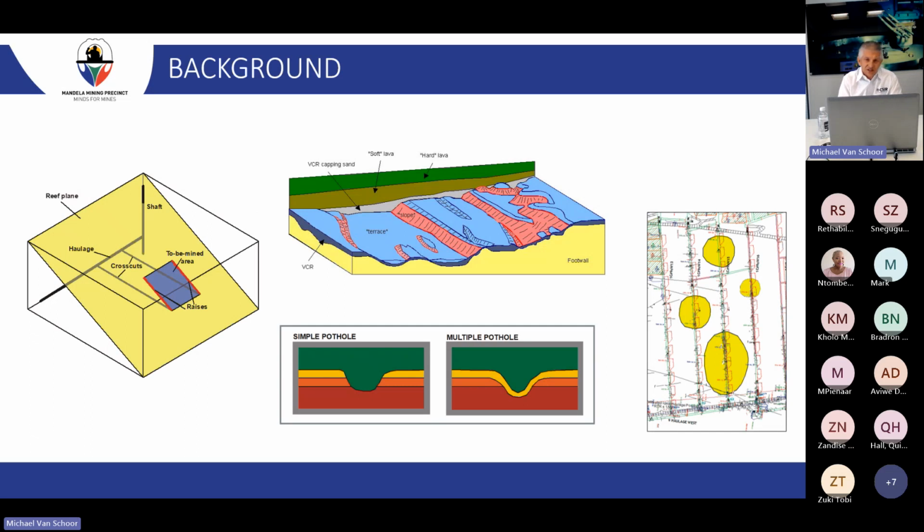Now, maybe just a few pictures to illustrate those ideas. So the little schematic you see on the left of this slide is your typical deep level conventional mining layout in an ideal world. So the yellow plane would represent your planar ore body or your tabular ore body. It could be the Merensky, it could be the BCR, it could be the UG2.